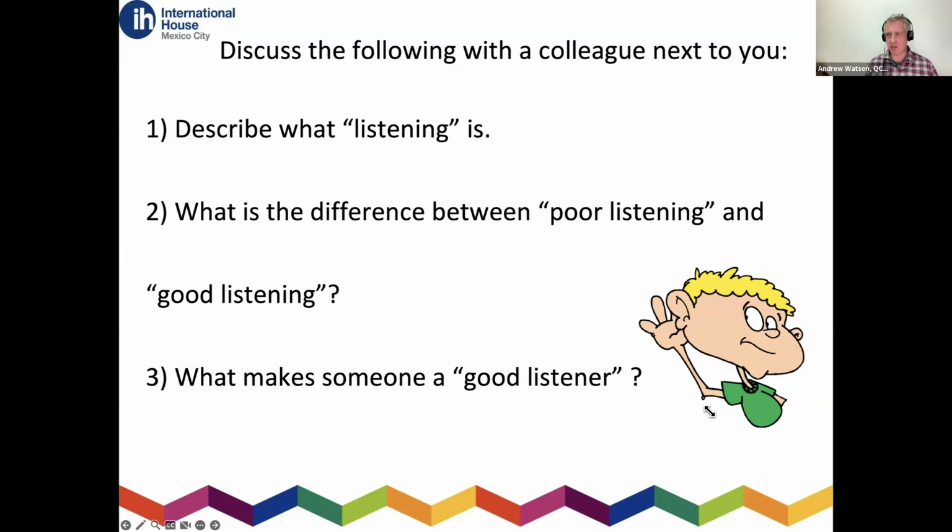What about number two? What's the difference between poor listening and good listening? I think Cynthia, I think you kind of encapsulated it when you mentioned the importance that it's active, right? Yeah, it is the fact that you have to be really focused, interested, and not interrupting the message from the person. So it's like hearing and really paying attention.